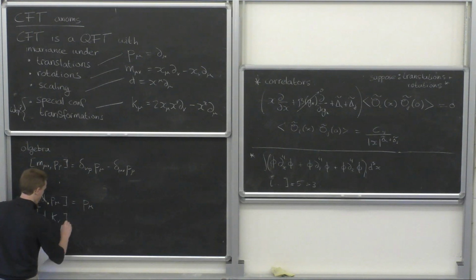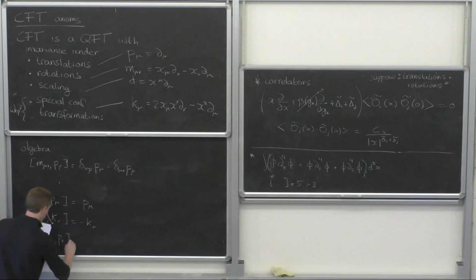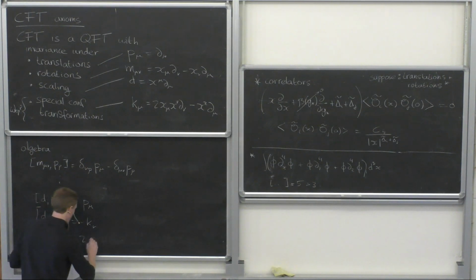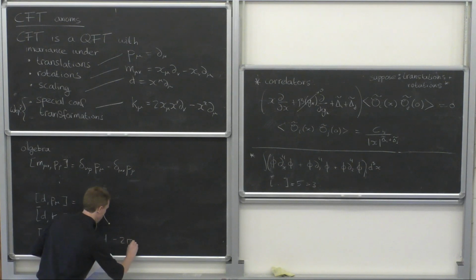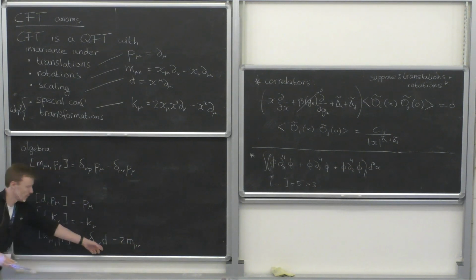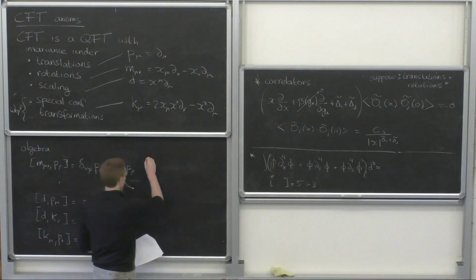K nu is minus K nu, and K mu P nu. This one I'd like to write down, delta mu nu D minus 2. D is, as always, your space-time dimension D.